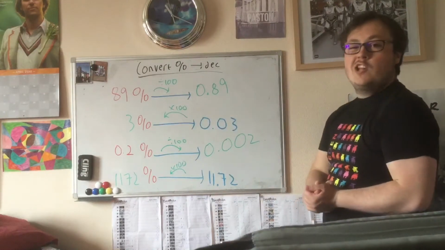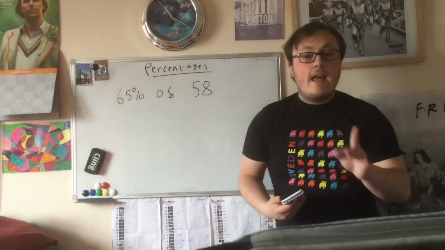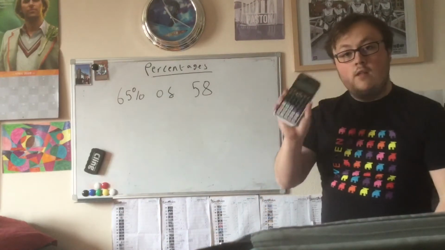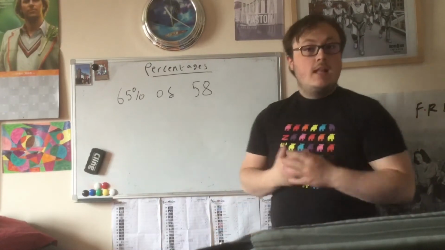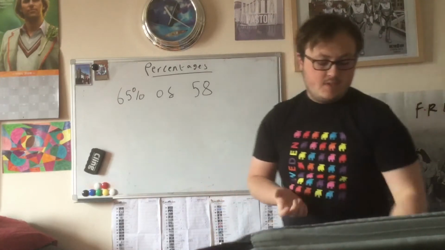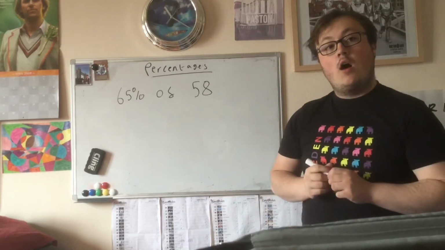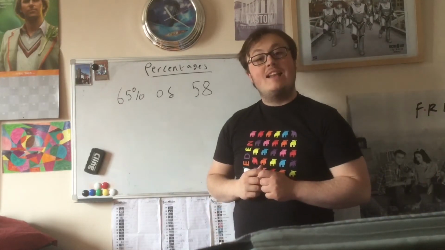Now, let me show you a brand new method for finding percentages of amounts. Now, for this new method, you will need a calculator to solve it. So, let me show you this one. I want to find 65% of 58. Step 1, you have to convert the percentage into a decimal.